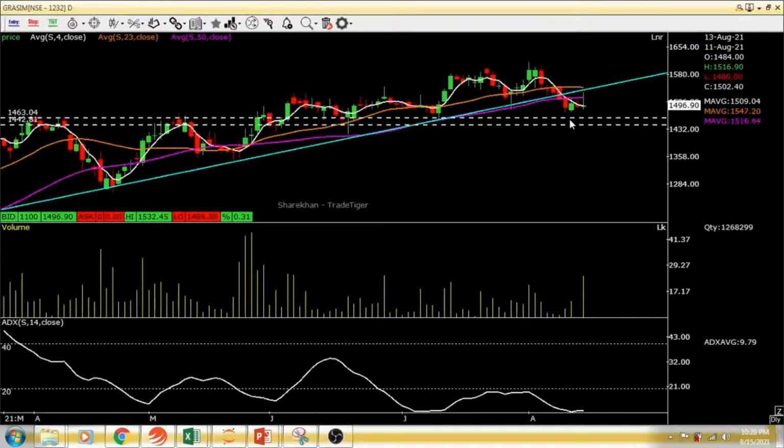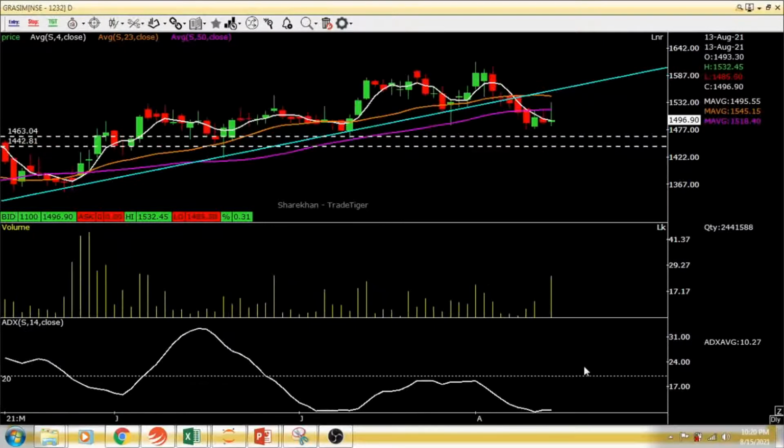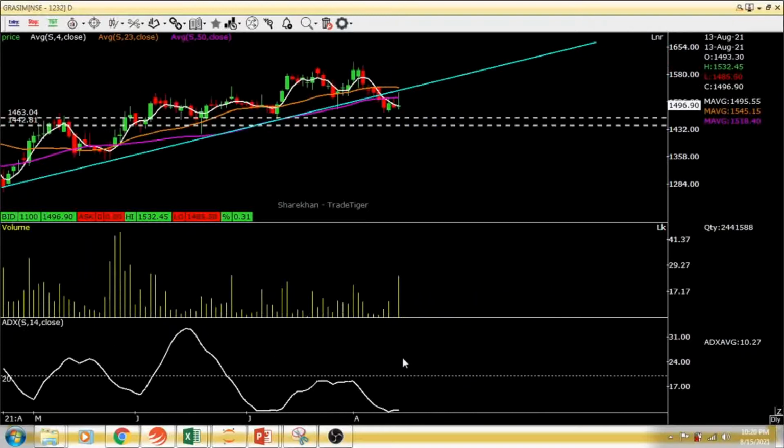We can also see the ADX level. As of now, the momentum is not as good, but in the upcoming days I expect some gain in momentum, which will speed up the process of reaching the price level of 1460. So my view is a short term, moderate bearish view on GRASIM India.